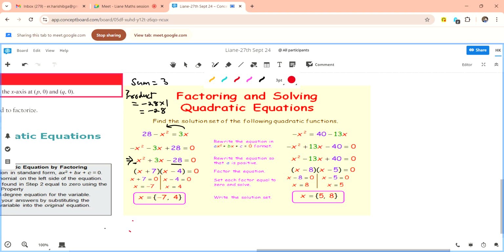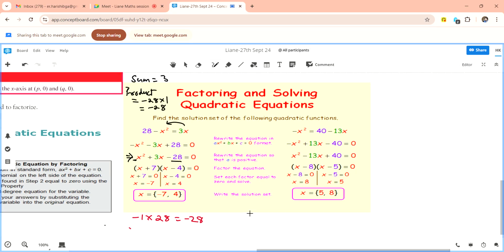Let's start with minus 1. If I do minus 1 times 28, I'll get minus 28, that's fine. But when I add minus 1 plus 28, I'm not going to get sum 3. So the product is fine, but not the sum as 3. Are you getting this? So it fails in the sum.